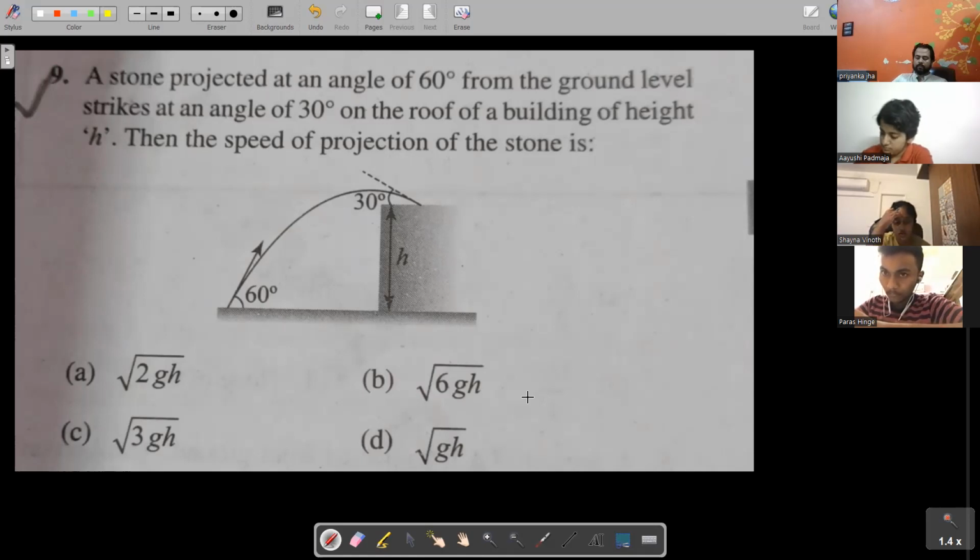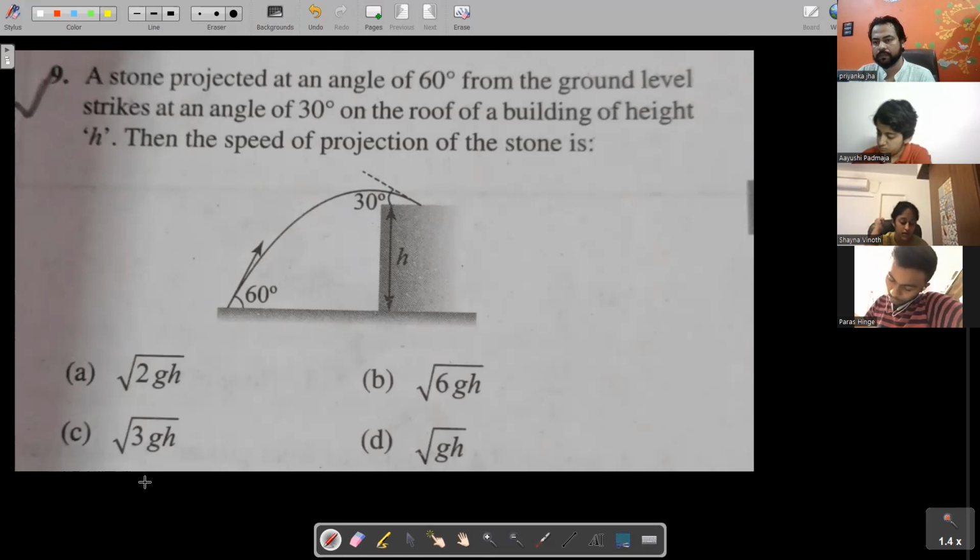So I'm getting 2 into root GH by 3. So the answer is what? I don't think it's there in the options. Okay, how did you solve? Can you explain? If we just take H as height, we know H equals U square sine square theta by 2G.